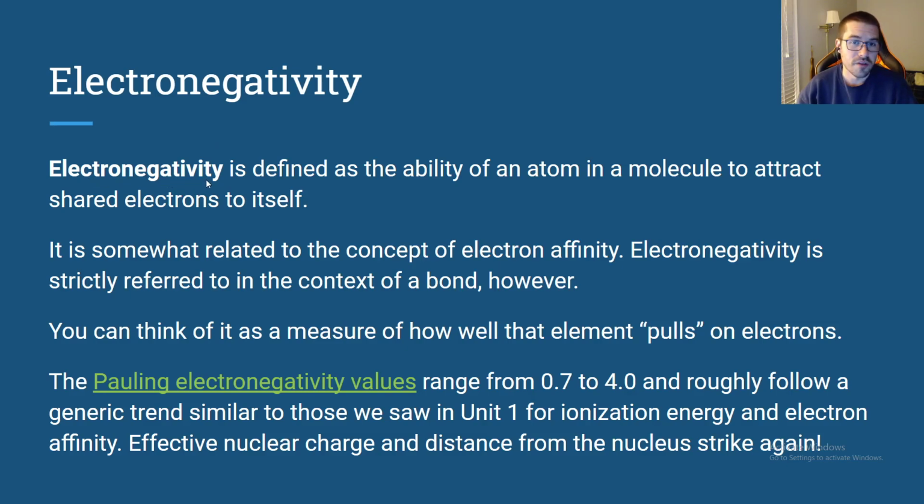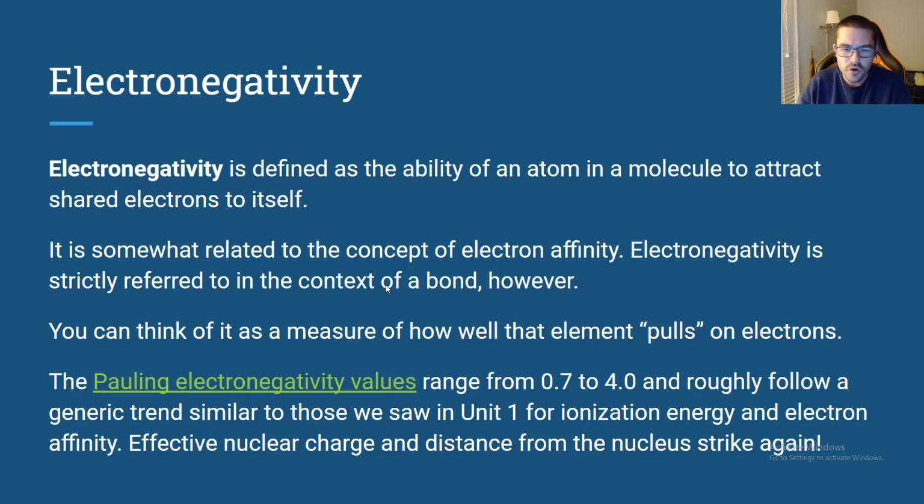Electronegativity is a property of an element or of an atom. It's defined as the ability of an atom in a molecule to attract shared electrons to itself. You can think of it as a measure of how well that element pulls on electrons. It's somewhat related to the concept of electron affinity, except electronegativity is only talked about in the context of a chemical bond.